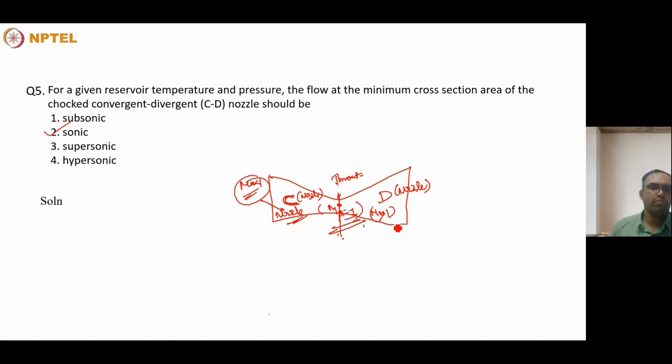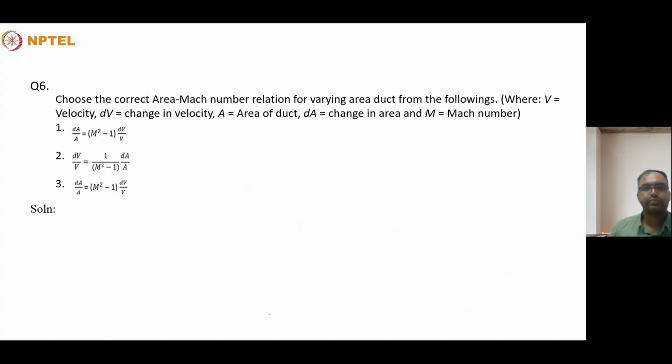So the answer to this problem is sonic. Flow should be sonic at the choked minimum cross-sectional area, that is the throat area.